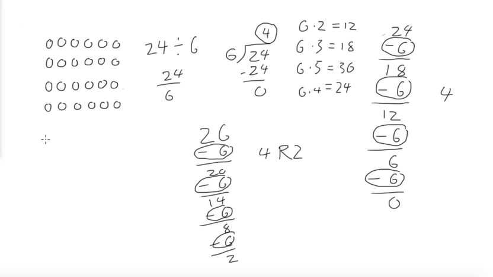What you're doing is you're just plussing or adding the groups, and then when you're dividing, you're just minusing the groups. And that's pretty much it when it comes to multiplication and division for a beginner.